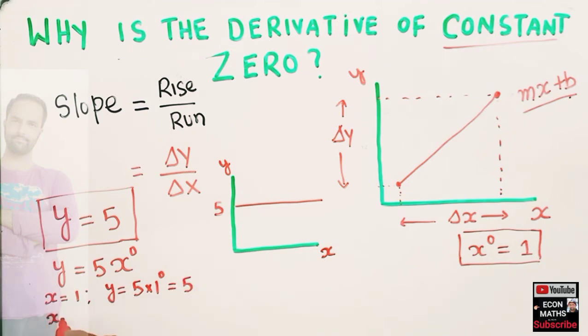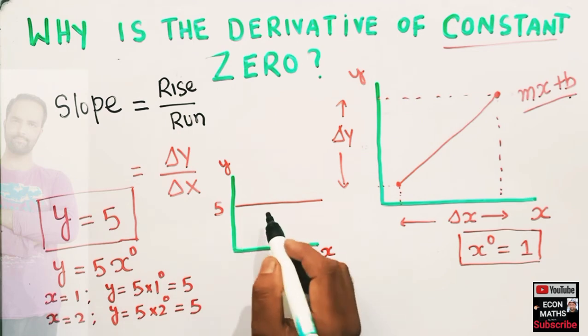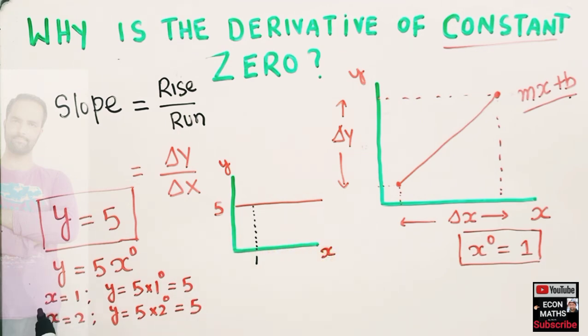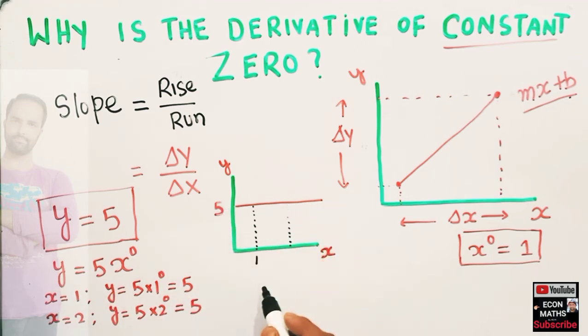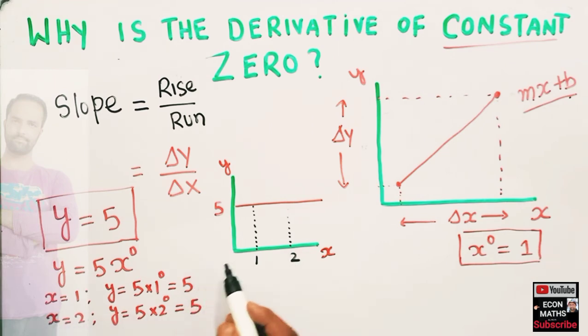If x is equal to 2, our y will be equal to 5 into 2 raised to the power 0, and anything raised to the power 0 is 1, so 5 into 1 is again 5. Any value of x will give us the same value of y. When x was 1, our y was 5, and when x was 2, our y was the same, that is 5.